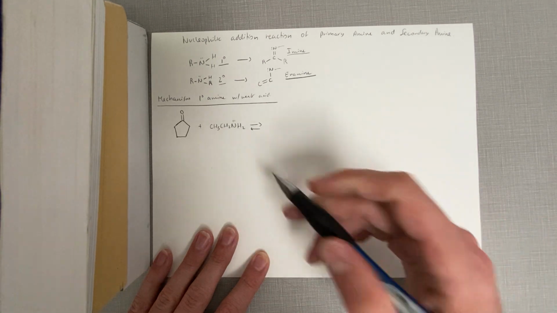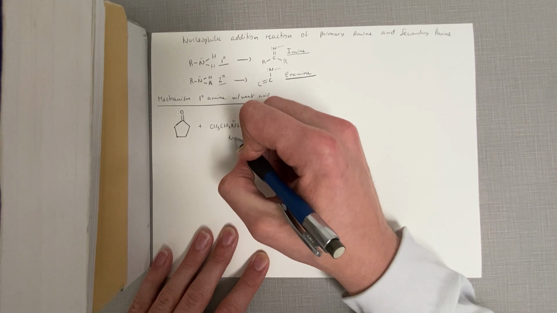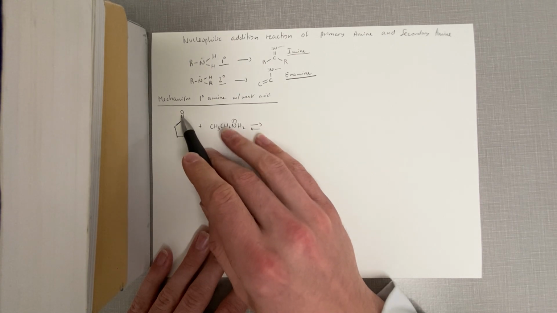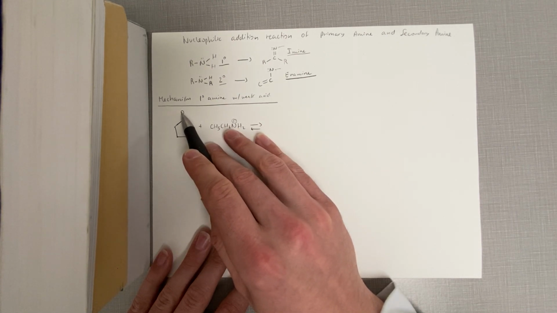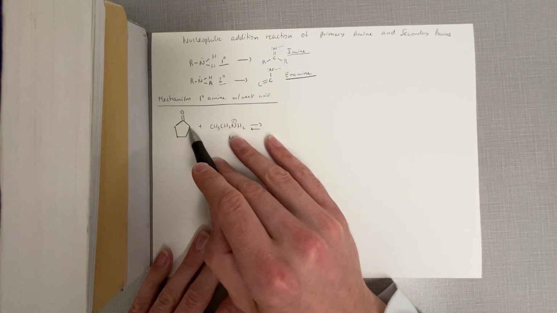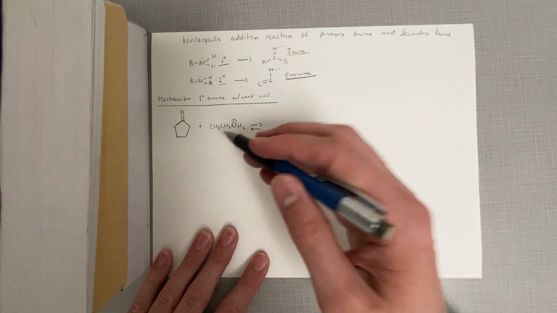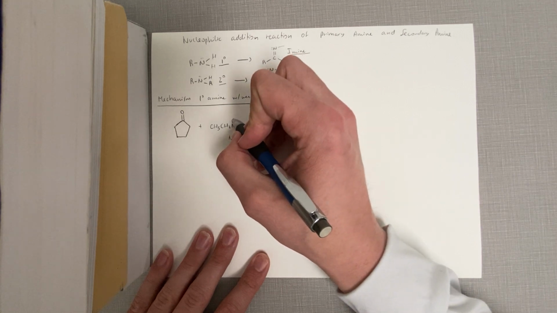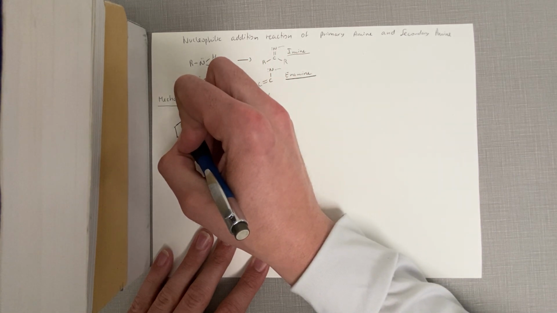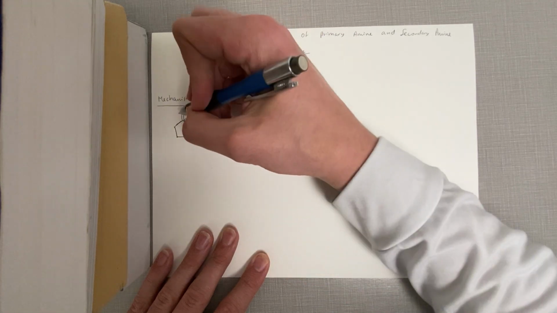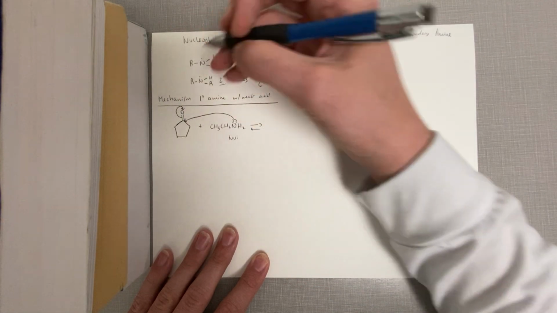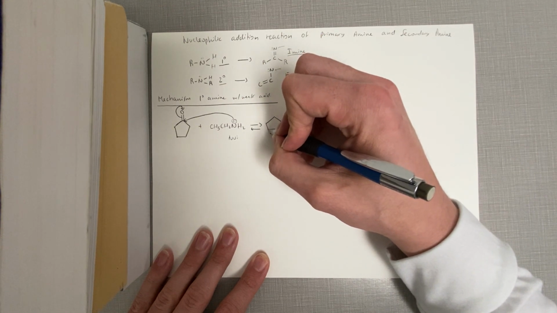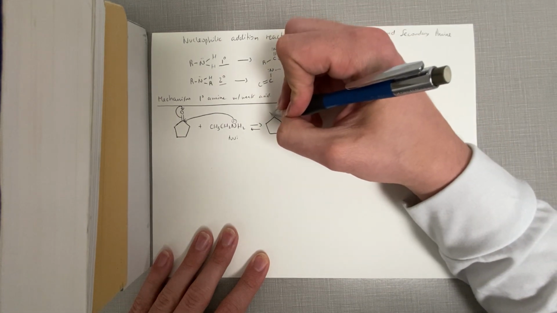So we have a primary amine. This is going to be our nucleophile, this lone pair here. And we have our ketone here, a carbon double bonded to oxygen, bonded to two carbons. So first thing, an amine, being a strong nucleophile, is going to attack the carbon, which is the electrophile, making this pi bond roll up at the same time, forming this intermediate.